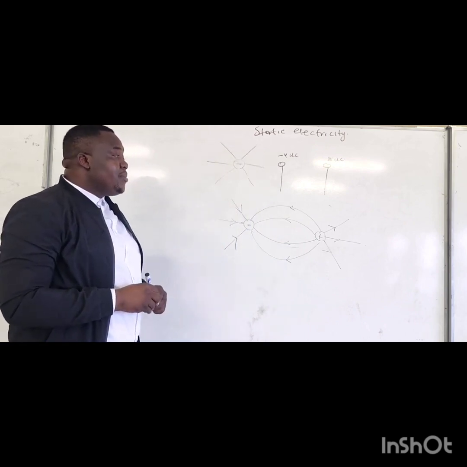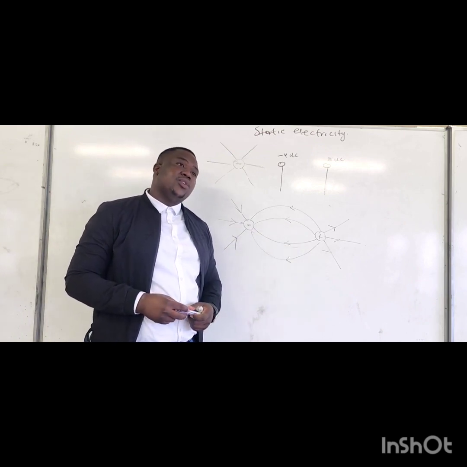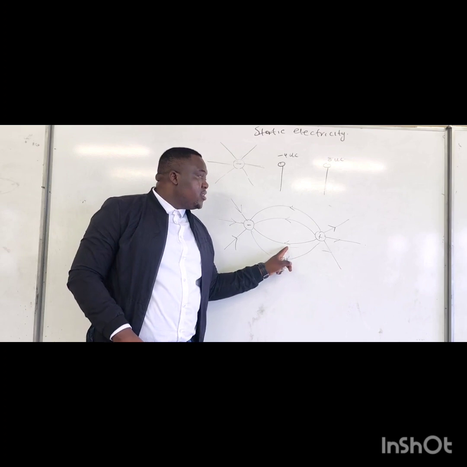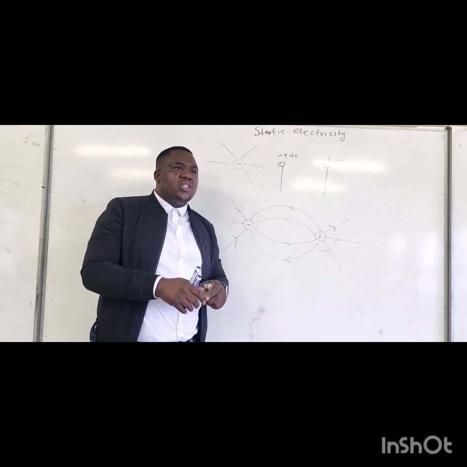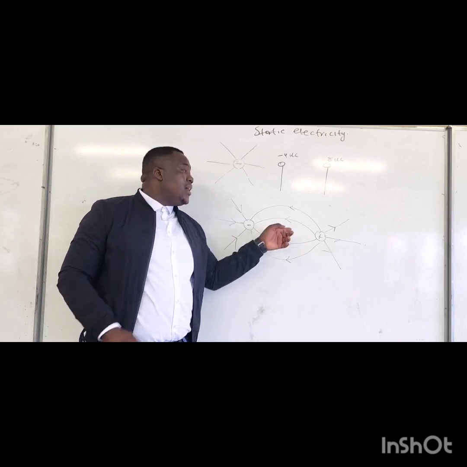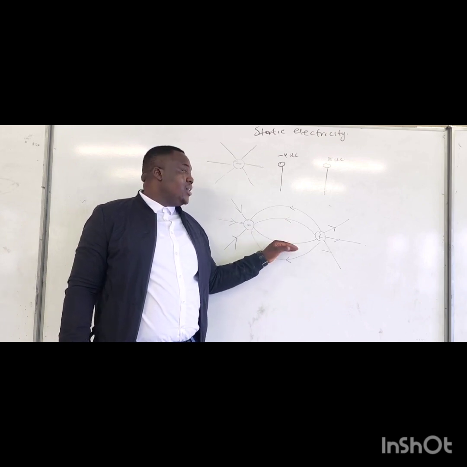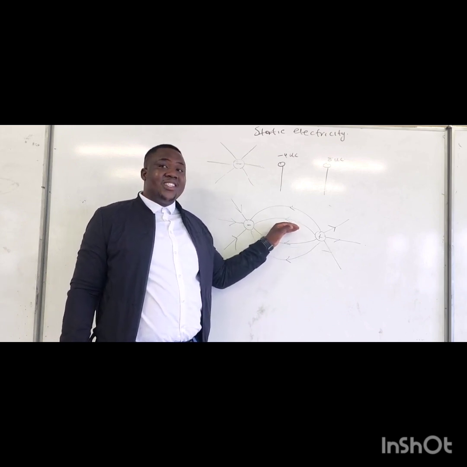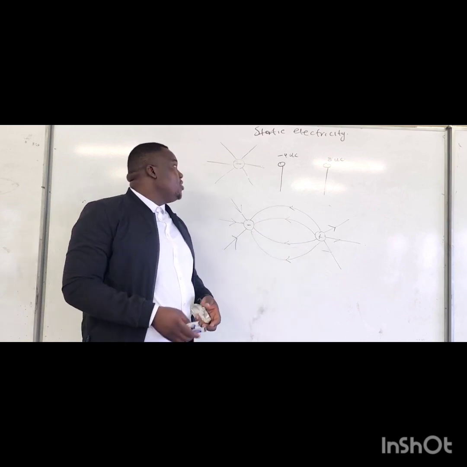You don't just draw something which is ugly like this, or we will mark you wrong, even if it's a drawing. If these spaces are not equal, or you make lines cross each other, lines are not allowed to cross each other. If you make lines cross each other here, we will mark you wrong. So make sure that the lines are not crossing each other and the spaces between them are equal, right?